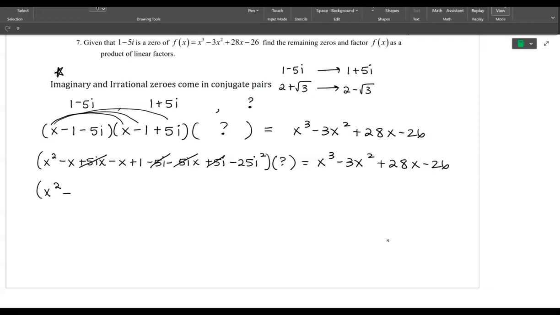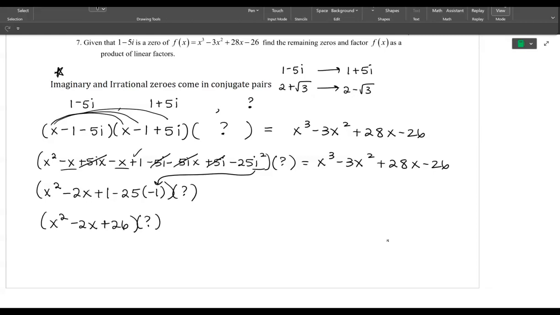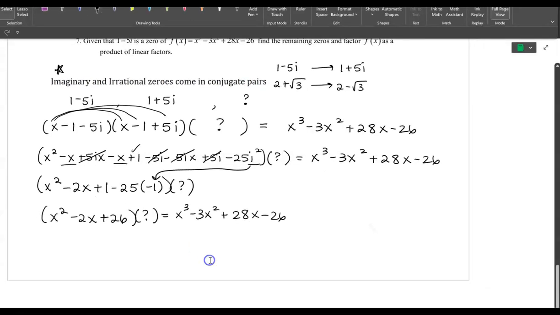And we're left with a minus 2x from these two, a plus 1, and a minus 25i squared. And i squared is negative 1. So this is x squared minus 2x plus 26, times whatever that missing linear factor is that we do not yet know.